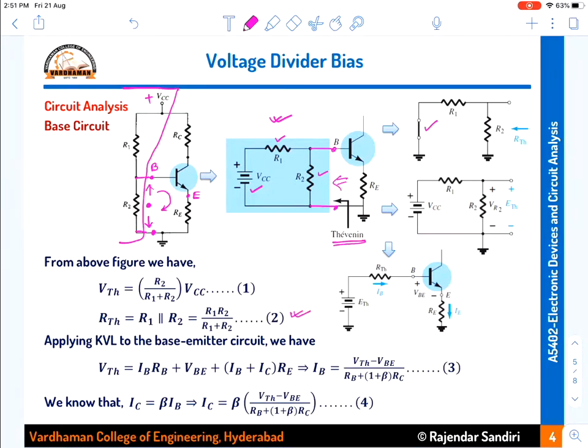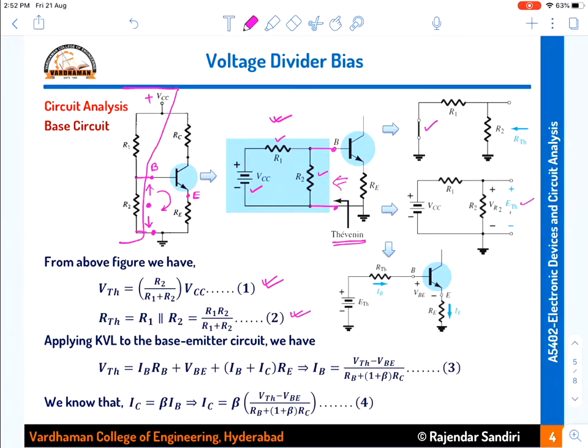To calculate the Thevenin voltage, replace the voltage source as it is and calculate the voltage across the resistor R2, which is nothing but a voltage divider network. The voltage across R2 is equal to total voltage times R2 divided by R1 plus R2. That is your Thevenin voltage, V Thevenin, given by equation 1.